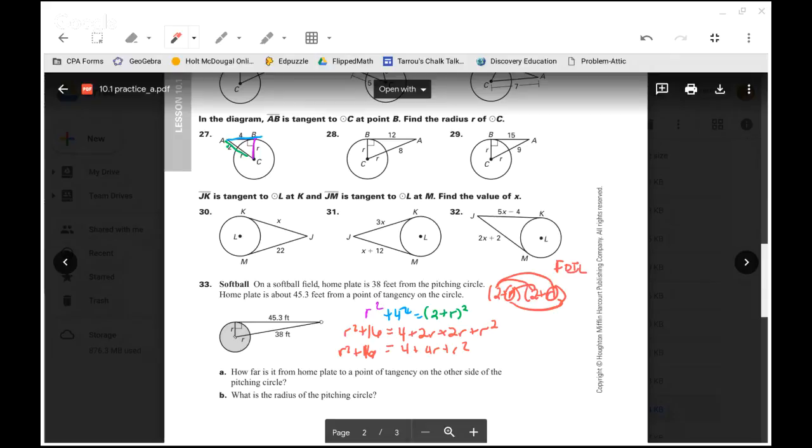We'll subtract R squared from both sides, and they just cancel out. That leaves you with 16 on the left and then 4 plus 4R on the right. So then you just move your 4 over, subtract 4, and then divide by that 4 that's with the R. R equals 3. Good job.